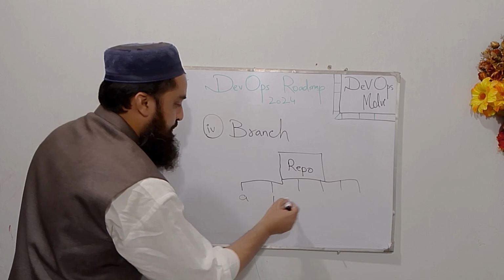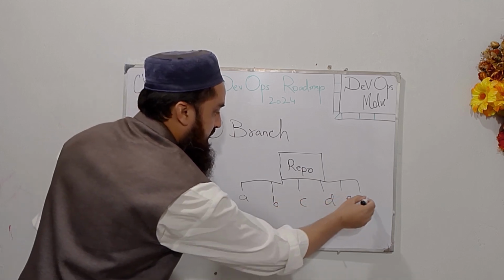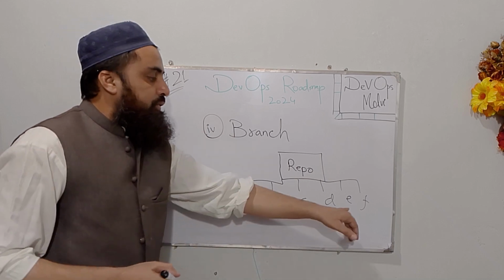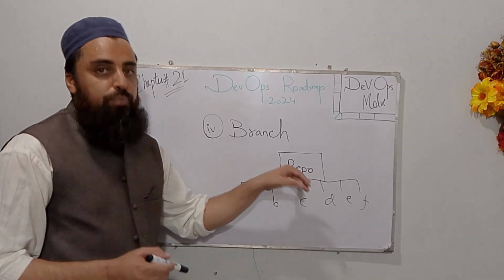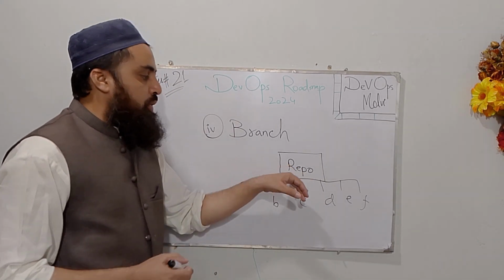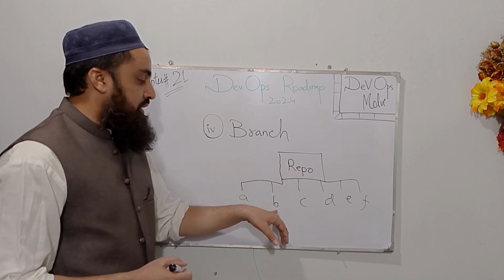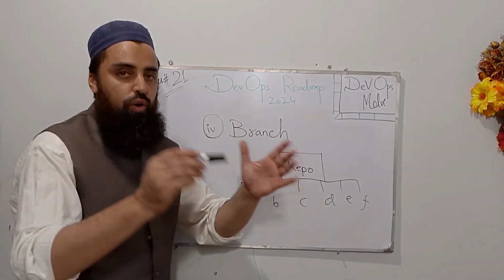So branch A, B, C, D, E, F, and those branches are the different versions of the same repository. I can have the same content of the main repository in branch A. I can have it on B, C, D, and so on.